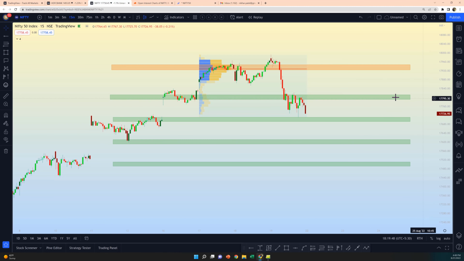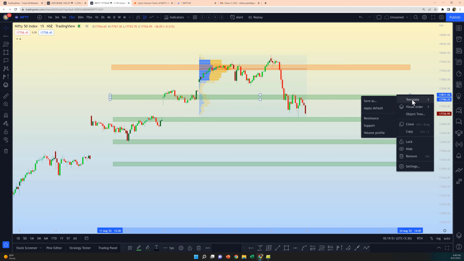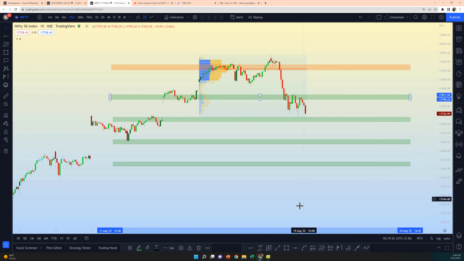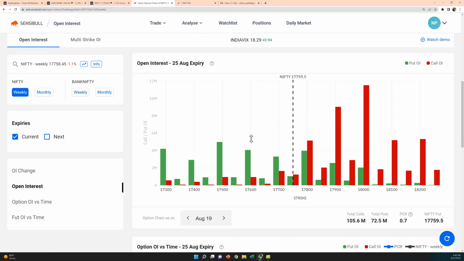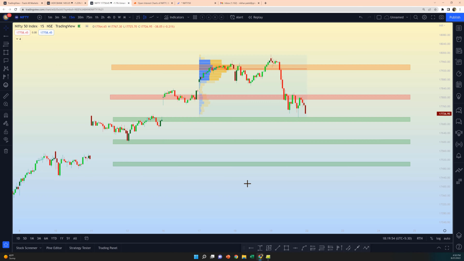So this becomes our first resistance level. Okay, let's check. The next resistance level is at 17,900. These are visibly huge resistance levels, right, wherein the majority of the people think that the market shouldn't go above these levels. So 17,900 becomes our next resistance.